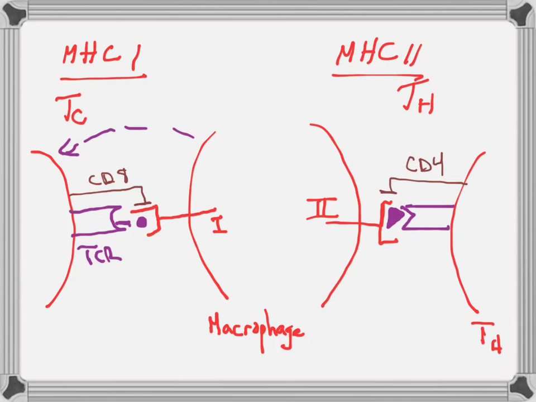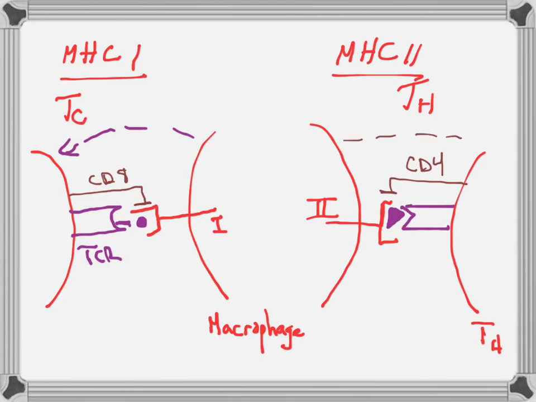And so T helper cells are the tropism, or are the cell hosts for HIV, the only cells in the body that express this particular molecule. So same thing happens here. We get an interaction between MHC2 and CD4, and the T cell receptor with the particular antigen.